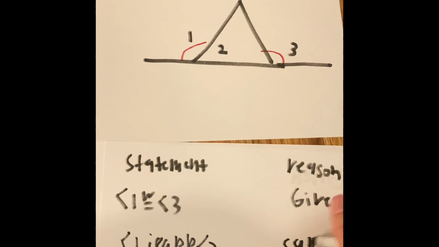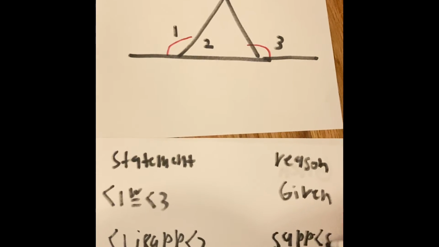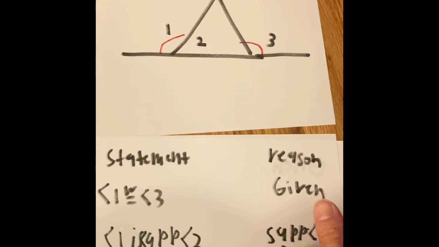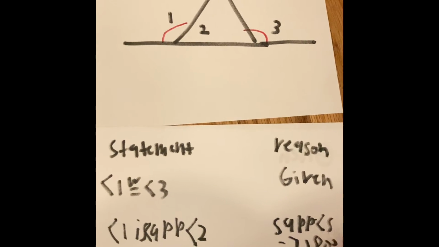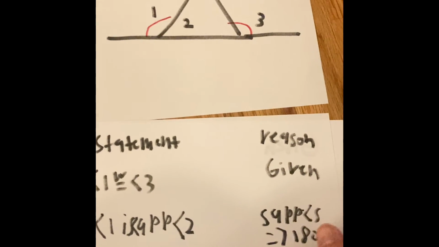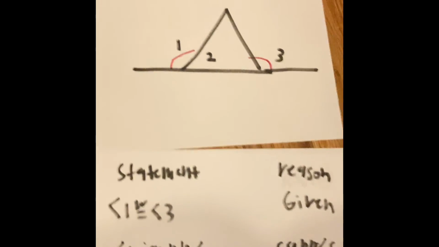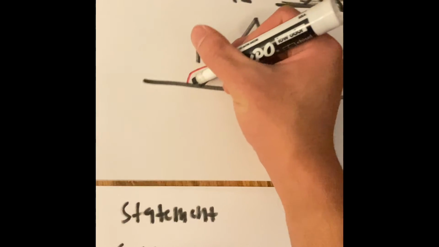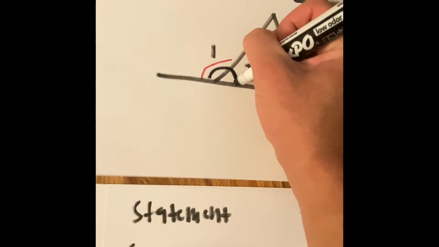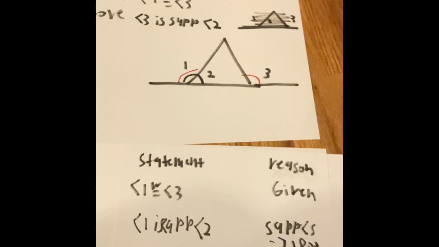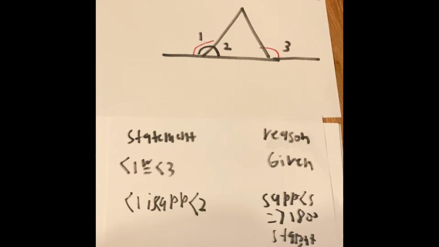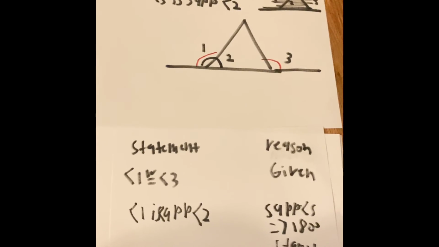Supplementary angles add up to 180 degrees, or a straight line. So basically, we've now proven that angle 1 and angle 2 are supplementary with each other, and we can finally get this problem done really fast.